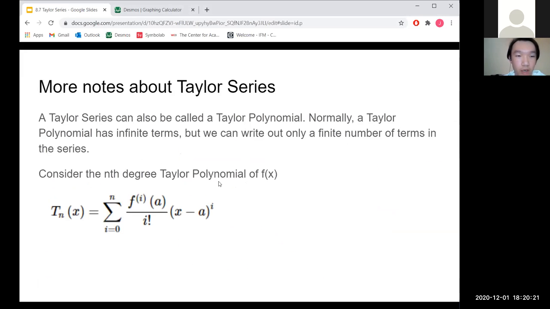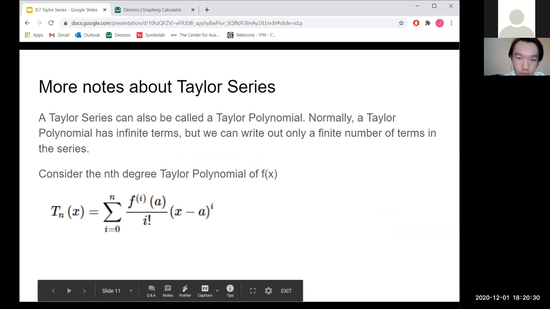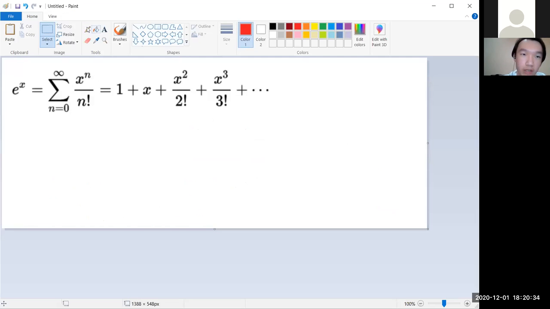So there's this thing called the nth degree Taylor polynomial of f of x. So going back to Paint, if I ask you guys to write out, for this particular example, I don't know, the second degree Taylor polynomial, what would that be?